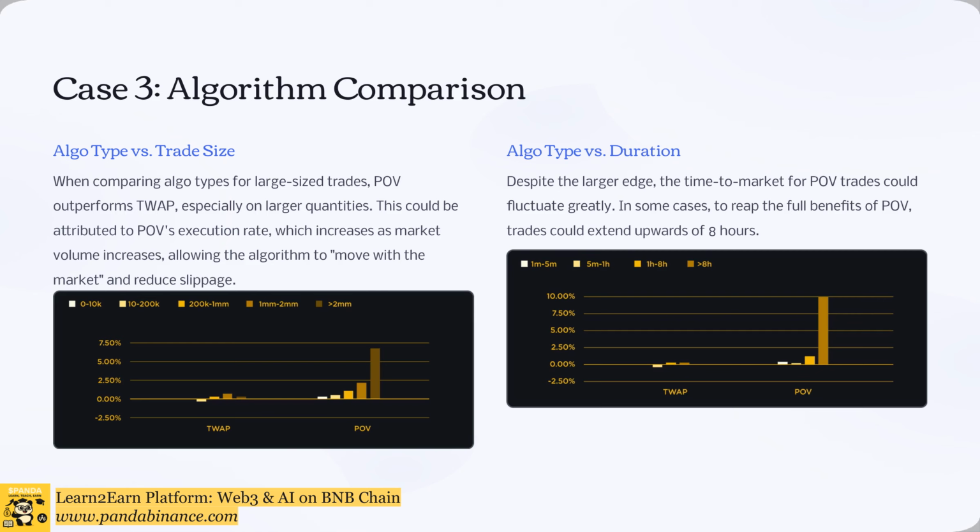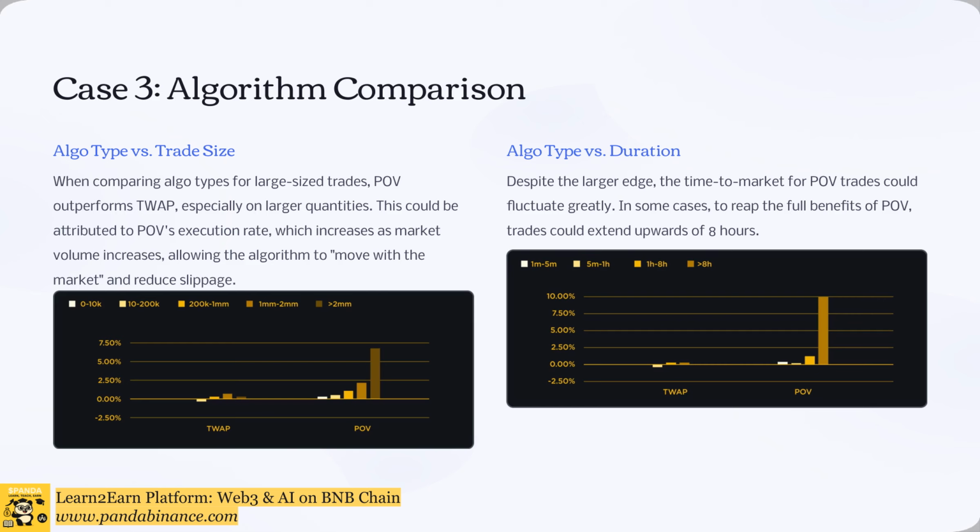For large trades, POV often surpasses TWAP in performance, particularly with larger quantities. This stems from POV's execution rate, which increases in line with market volume, allowing it to move with the market and minimize slippage. The chart on the left visually demonstrates POV's growing advantage as trade size increases.